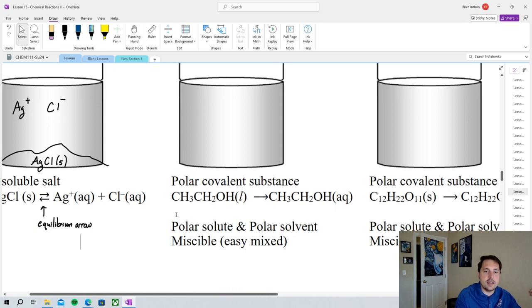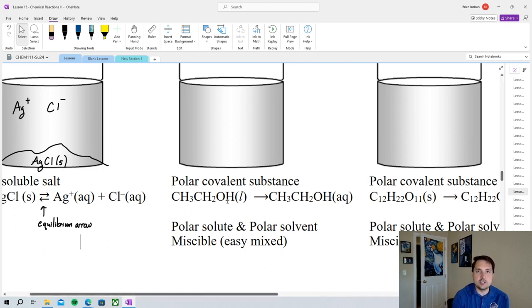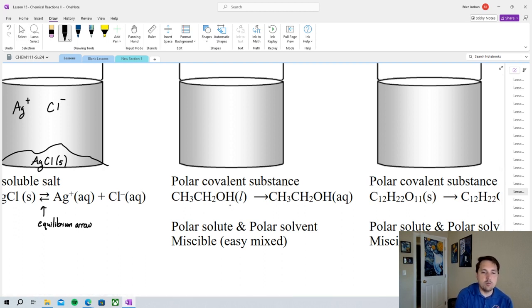If I have a covalent substance that is polar, such as ethanol, even though it's not an ionic compound, it can still dissolve in solution. So it's not going to break apart into carbon, hydrogen, and oxygen ions, but rather it's just going to mix with the water.